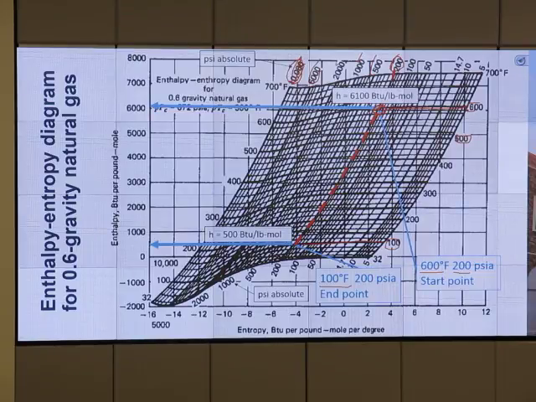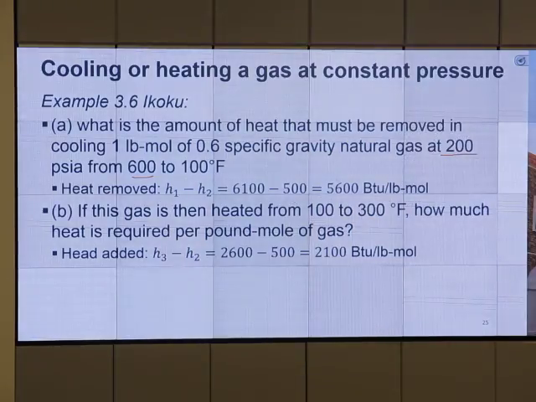So 6,100 minus 500, I get 5,600 BTU per pound mole. That is the amount of heat that must be removed. Can you do this? No homework for you yet, but this is on today's lecture.